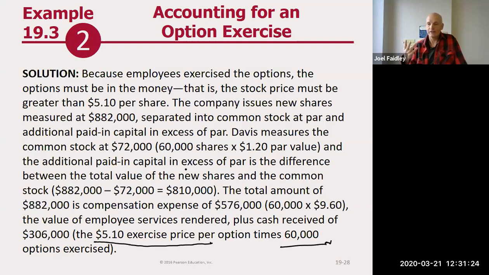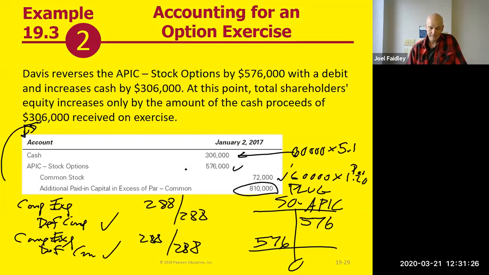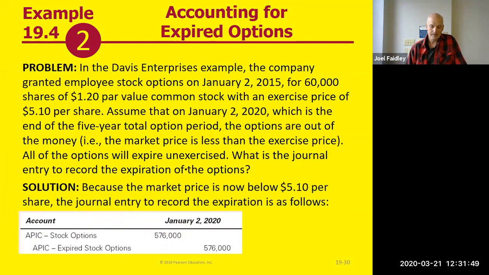Yeah, they're going to exercise them. But it tells you here that they exercised these options. What would the amount have had to be for them to exercise these options? More than $5.10. Maybe it's $5.11. Make a penny on each share, right? $6, that doesn't tell us. We just know they exercised them.